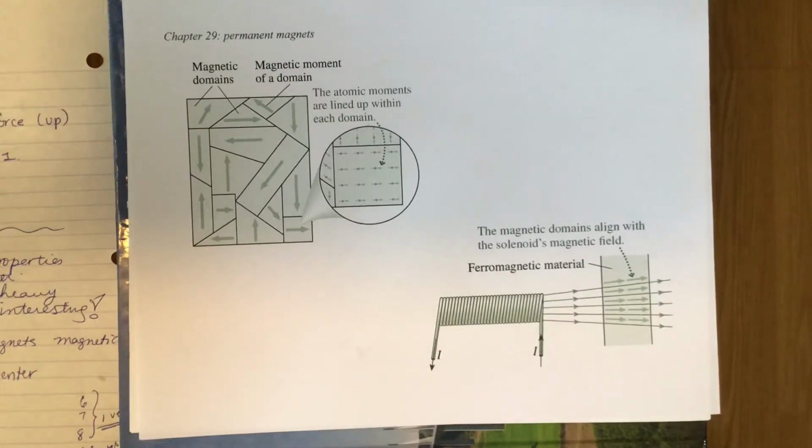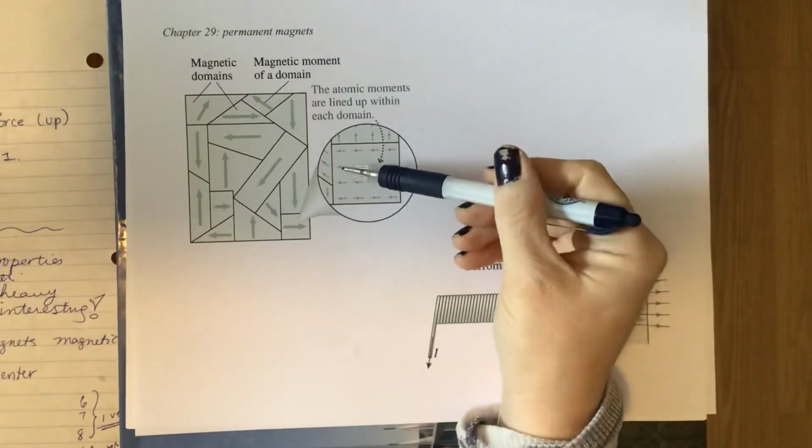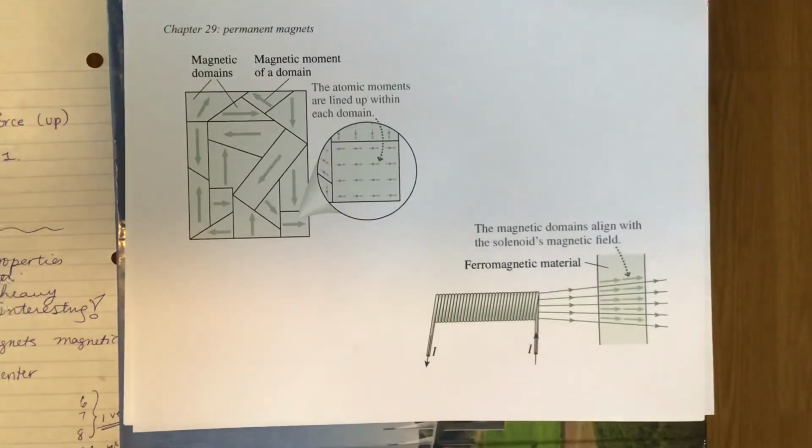One of the things that's kind of neat about that is you can change the magnetic moment of a domain pretty simply. If you drop a permanent magnet often enough, you will actually cause all these guys to scatter. So every time you drop it, you will bump those. If you drop it often enough, you'll knock them all out of alignment and they won't be magnetized anymore. It's why you have to be so careful with a compass. If you drop a compass one too many times, it will lose its magnetic field inside the magnet itself.